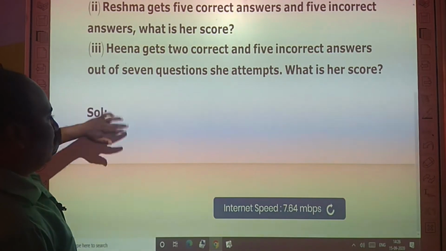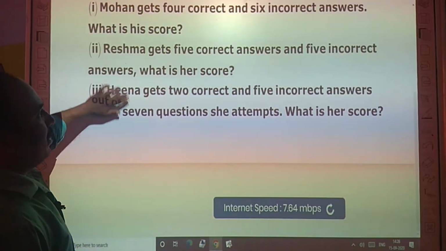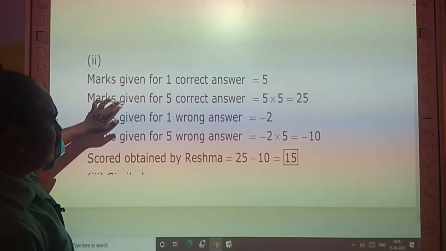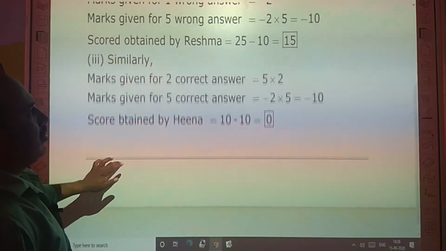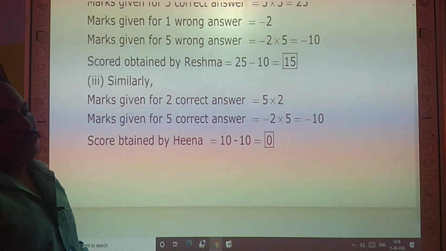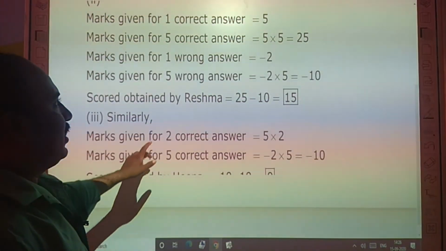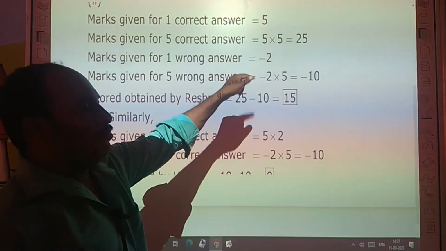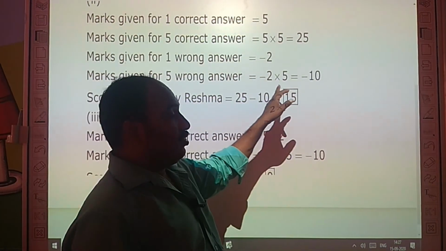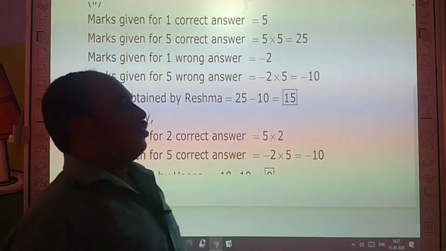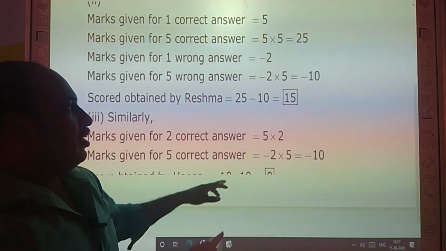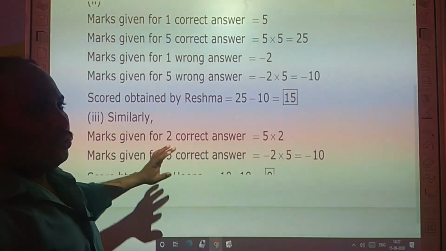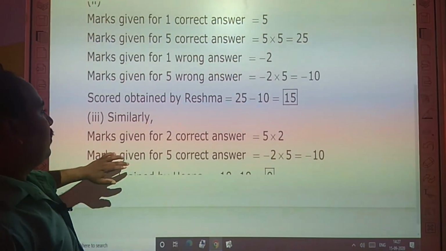So what is her score? 5 correct means 5 fives are 25. 5 wrong means 5 into minus 2 is equal to minus 10. The total score of Resma is 25 minus 10, which is equal to 15.